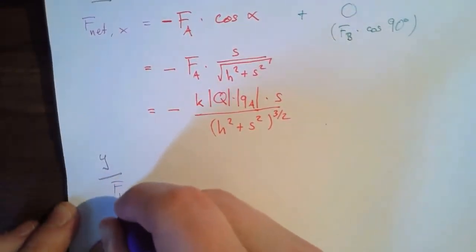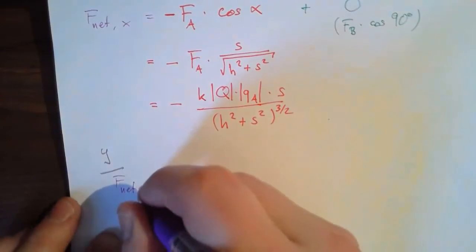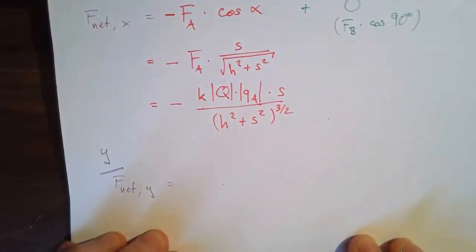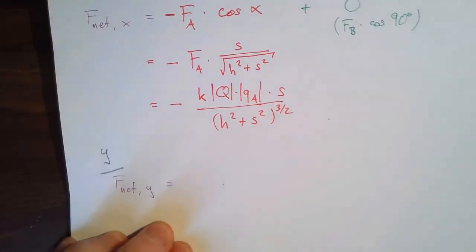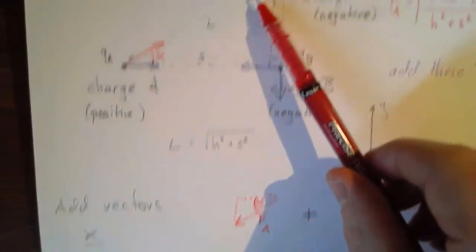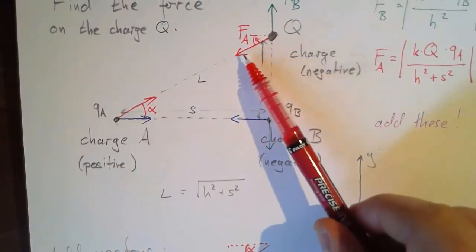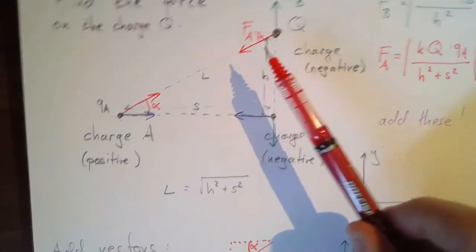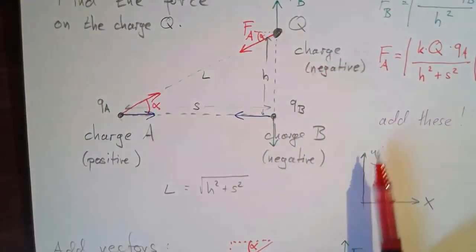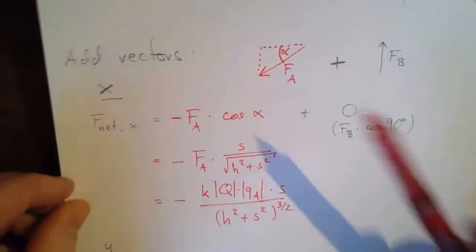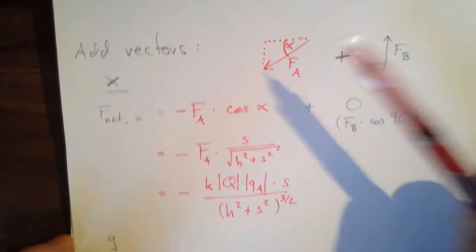F net in the y direction is going to be, well, let's have a look. Let's start with FA first again. This is pointing down, right? I can see that. I'm not getting confused by signs. I know which way it points. It's downwards. My y direction is up. So this is in the negative y direction, right? A negative y component.